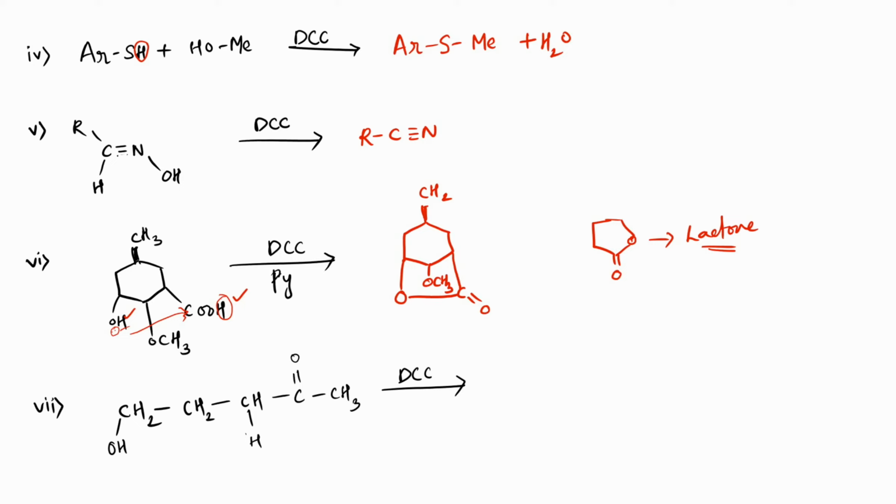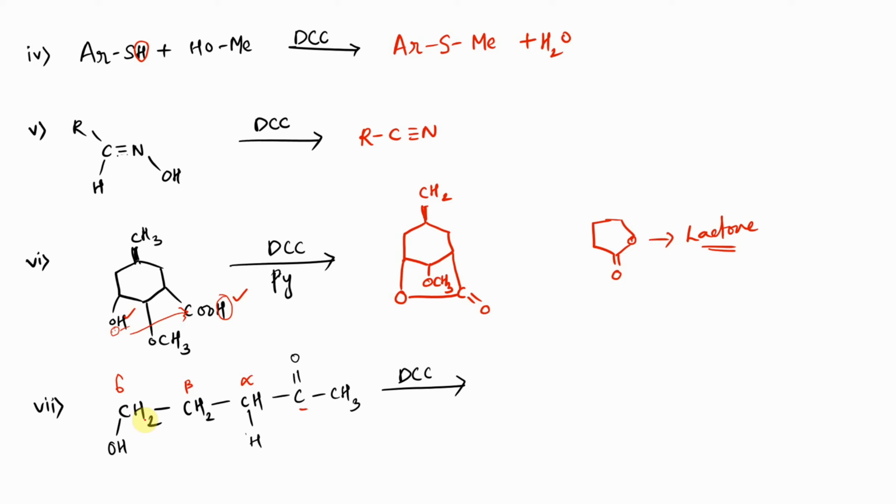Okay, now for the 7th example, this is a different kind of example. If you observe carefully, we have two particular hydrogens present here. One is an acidic hydrogen, one is a basic hydrogen. Now, the carbonyl compound present here has alpha, beta and gamma hydrogens.